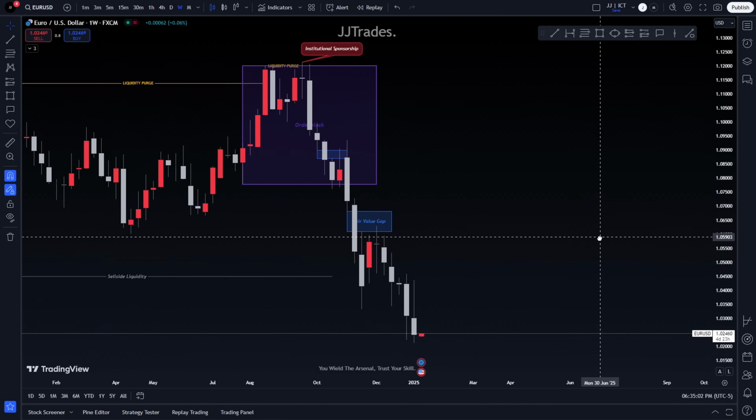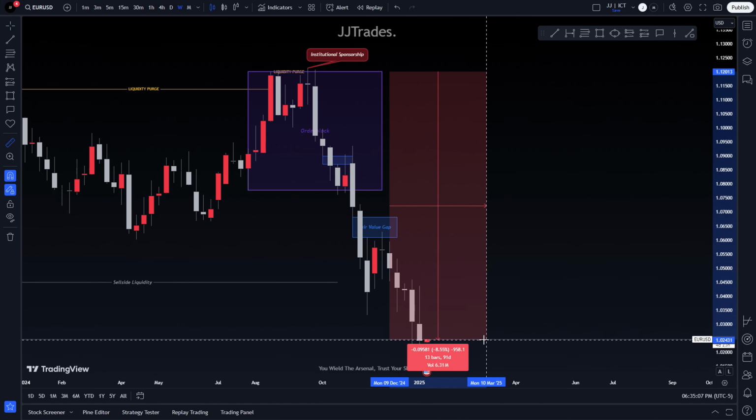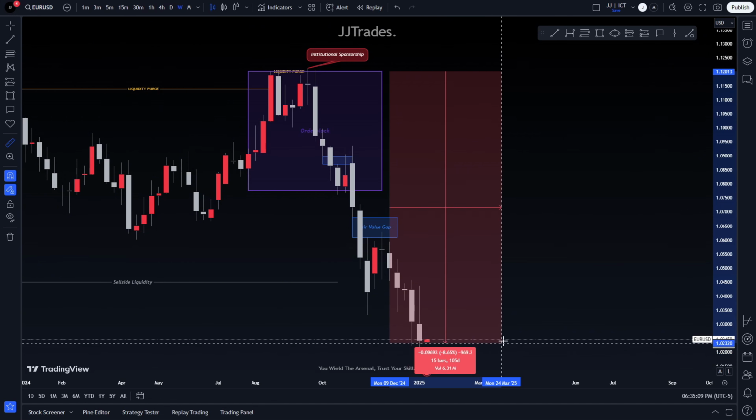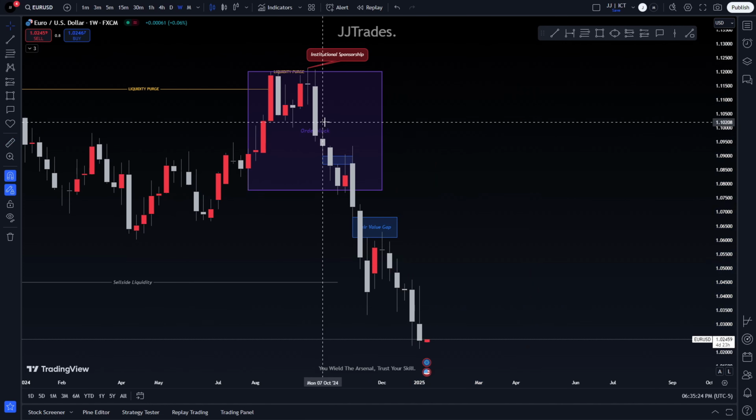As you can see, we traded almost 10,000 points. Isn't that amazing? Pretty crazy, isn't it? And if you want to convert that to pips, that's 990 pips. You want to see how long this happened? Remember, we're on the weekly chart.